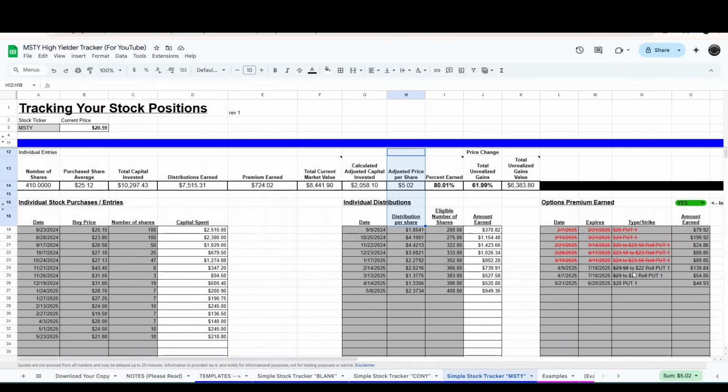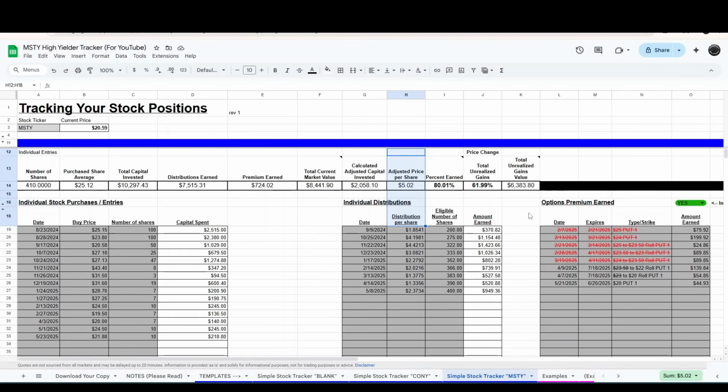But if I do get assigned 100 or 200 or all 3 of them for 300 shares, then that will get added over here to my stock purchases, and that will adjust my price per share and my adjusted price per share, right? Keep that in mind anytime that you are selling puts, as that will adjust and change your values in the chart outcome up here at the top.